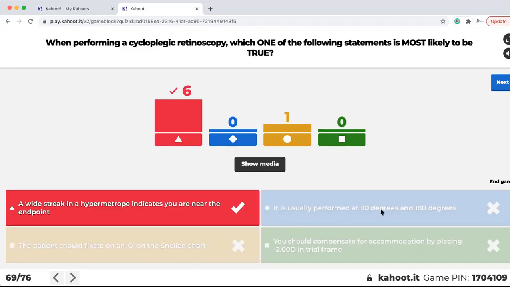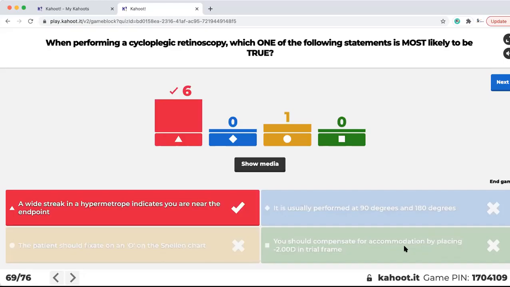It is usually performed at the 90 degrees and the 180 degrees. So this can sometimes be thought to be true, that we are screening the principal meridians, 90 and 180. But actually, in practice, we don't do this.